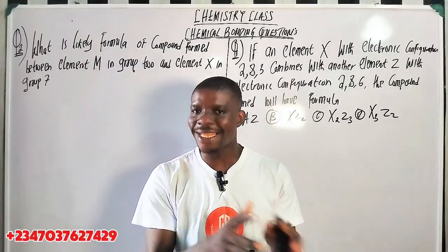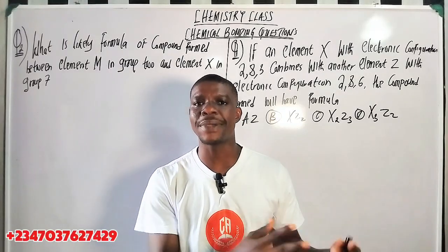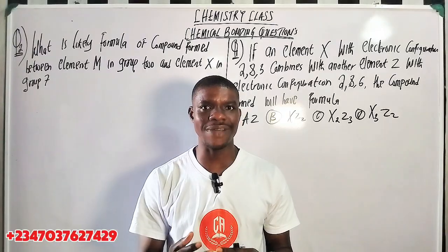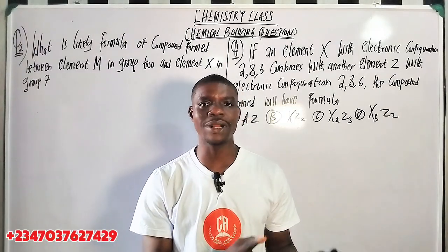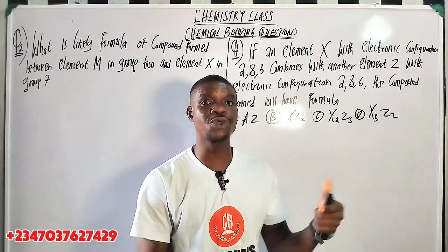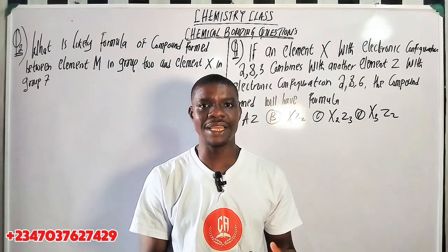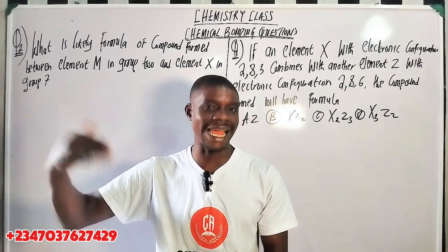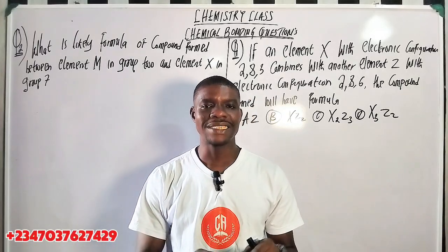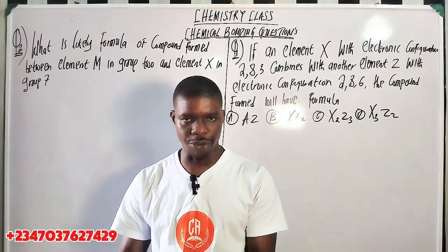Now, group 8 elements do not undergo chemical bonding at your level. But as you move higher in chemistry, you discover that those group 8 elements, which are called the noble gases, actually form bonds at a higher level. But at your level, understand that the noble gases do not form bonds.